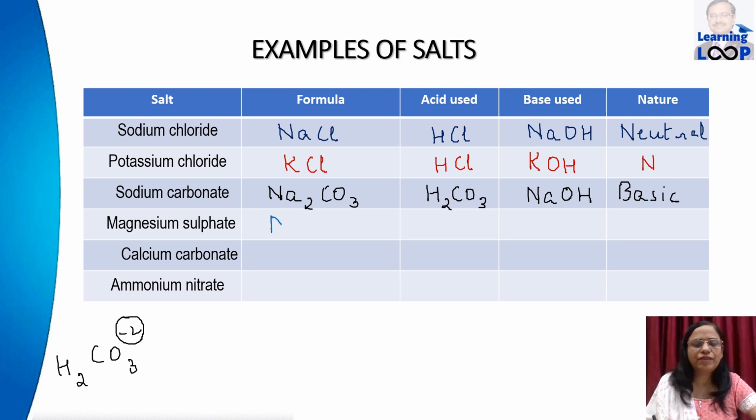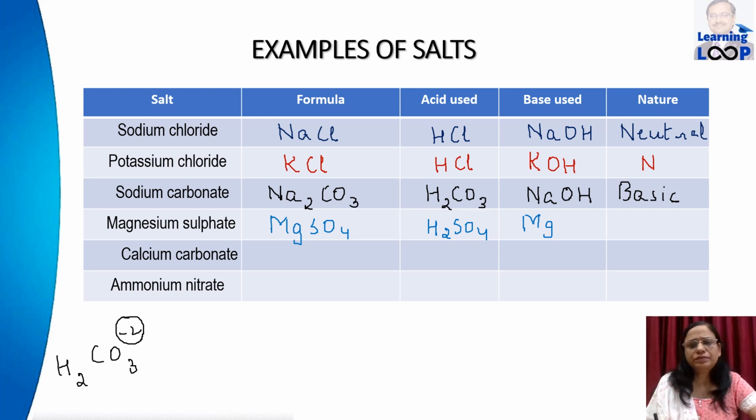Magnesium sulfate. The formula is MgSO4. So magnesium under the base and sulfate under the acid. Again, SO4 carries a 2 negative charge, so we will be using 2 hydrogen here. That makes it H2SO4, sulfuric acid, a strong acid.